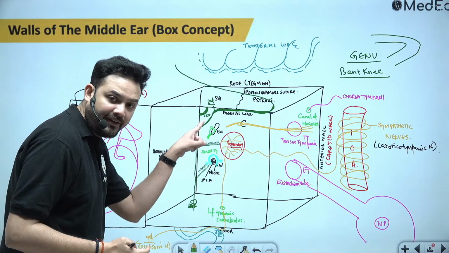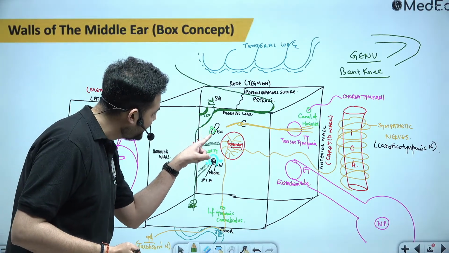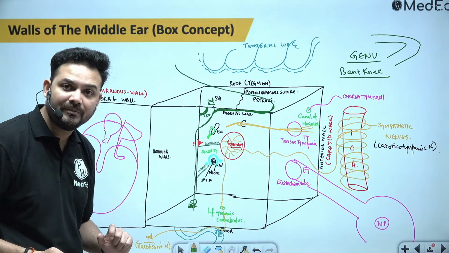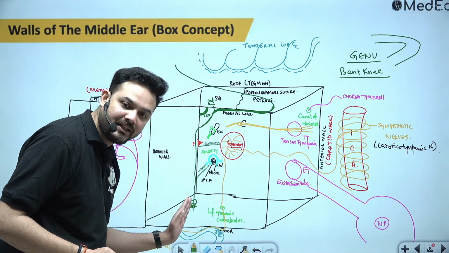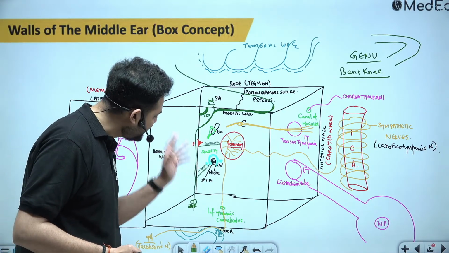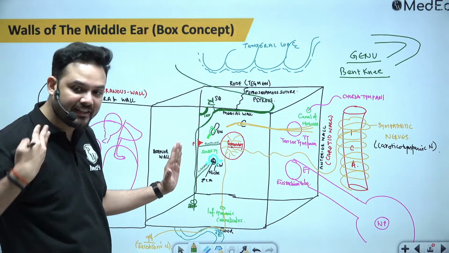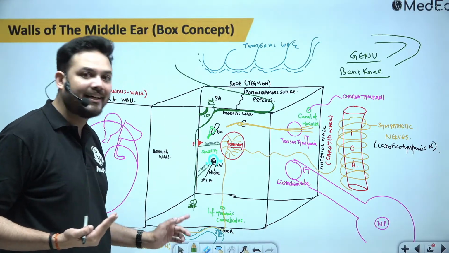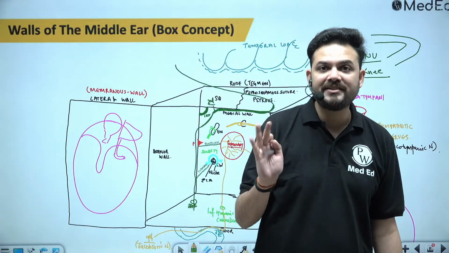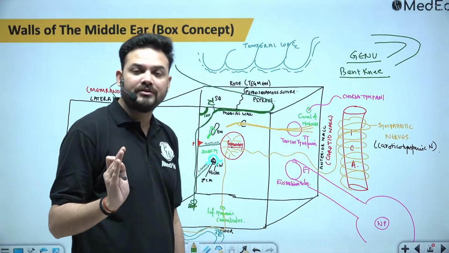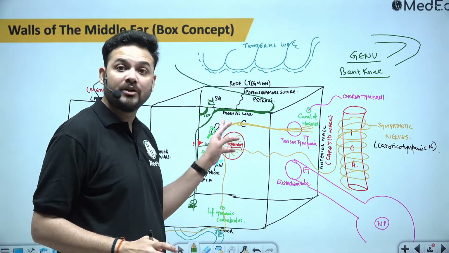Now this is turning and it is coming between the oval window and the lateral semicircular canal. And now it is forming a vertical segment. And this vertical segment runs vertically down behind the pyramid. Vertical means straight. It is coming down and exiting out of the stylomastoid foramen. So in simple words, the medial wall of the middle ear has which segment of the facial nerve?